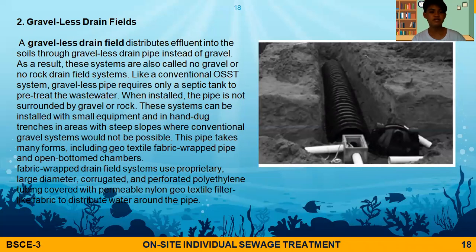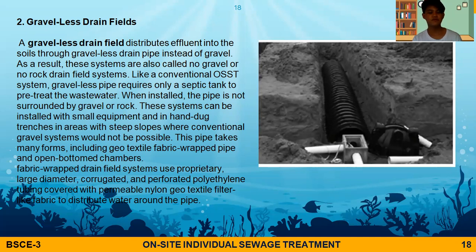Next is the gravelless drain field. A gravelless drain field distributes effluent into the soil through gravelless drain pipe instead of gravel. As a result, these systems are also called gravel-free or no-rock drain field systems. Like a conventional on-site sewage treatment system, gravelless pipe requires only a septic tank to treat the wastewater.